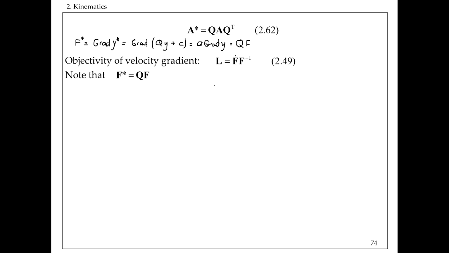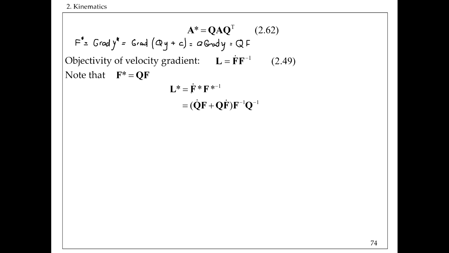Now we're going back to 249, and we are going to calculate what L star is. L star is nothing but what we had here; we just need to put a star everywhere for F: F dot star and F star inverse. So it's 249.